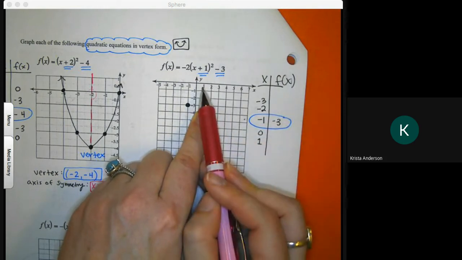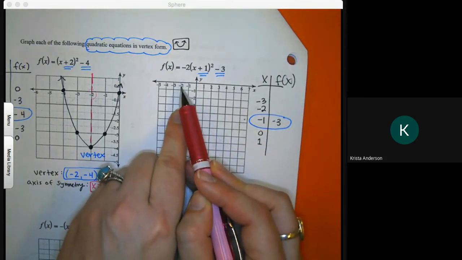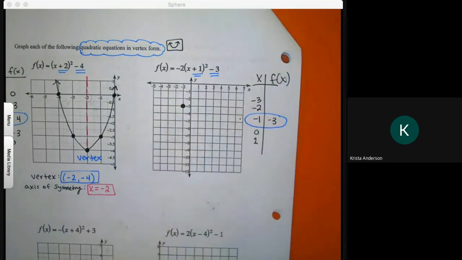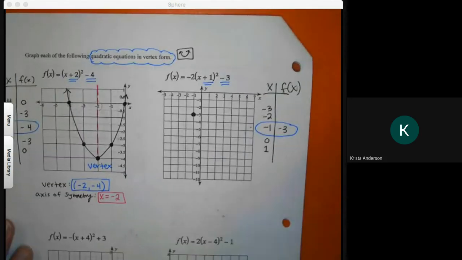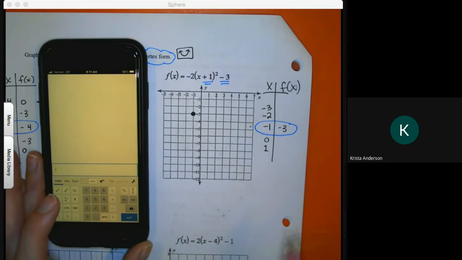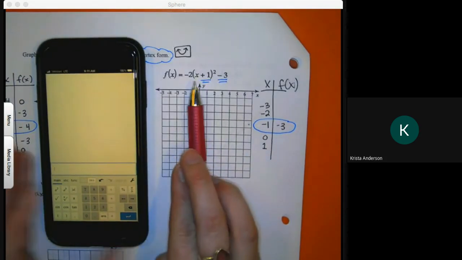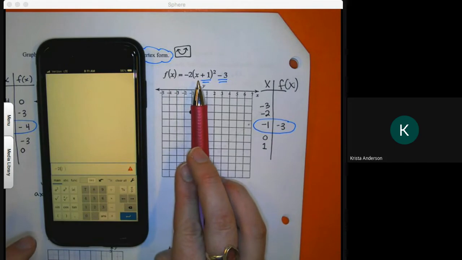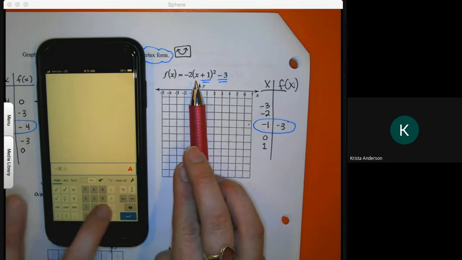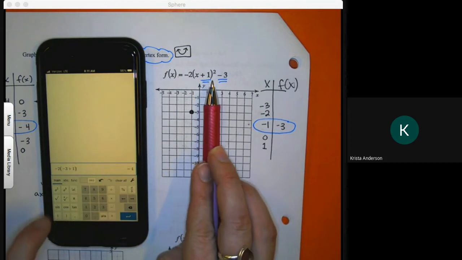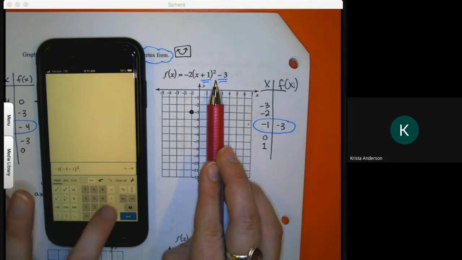I'm just looking to the left 2 and to the right 2. I'm going to substitute it in for the x. I have a negative 2, parenthesis, replace x with my first number, plus a 1 in there, square it, minus 3.